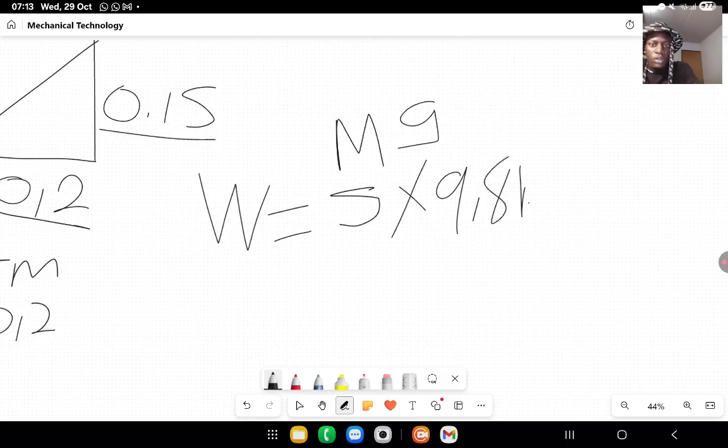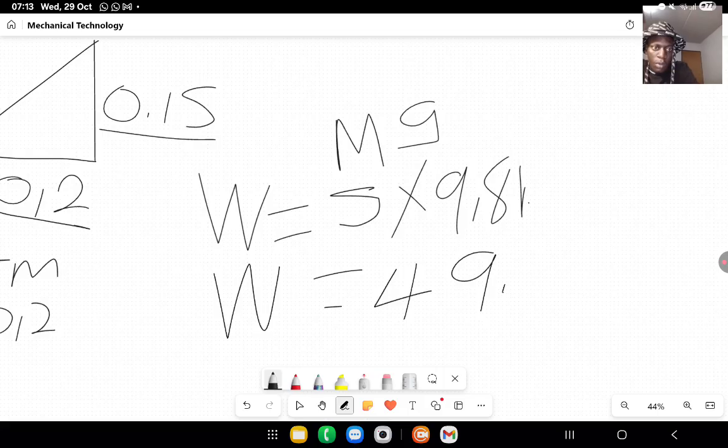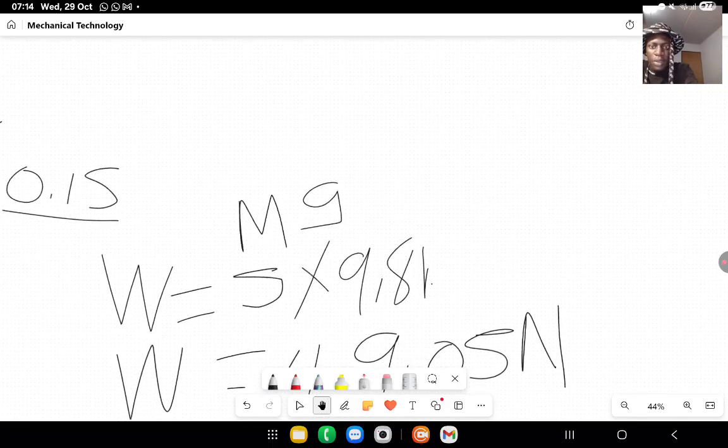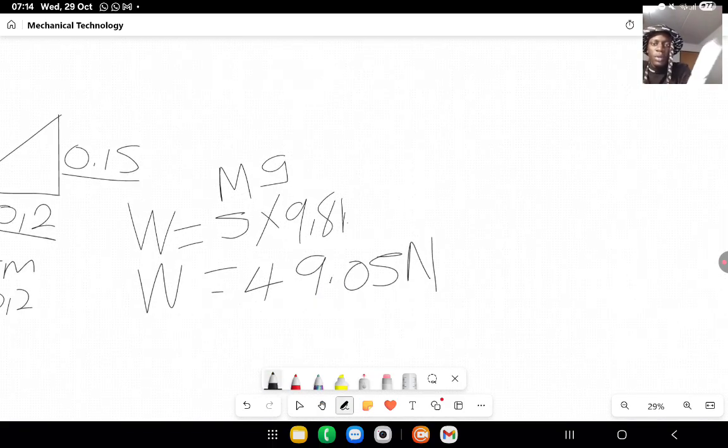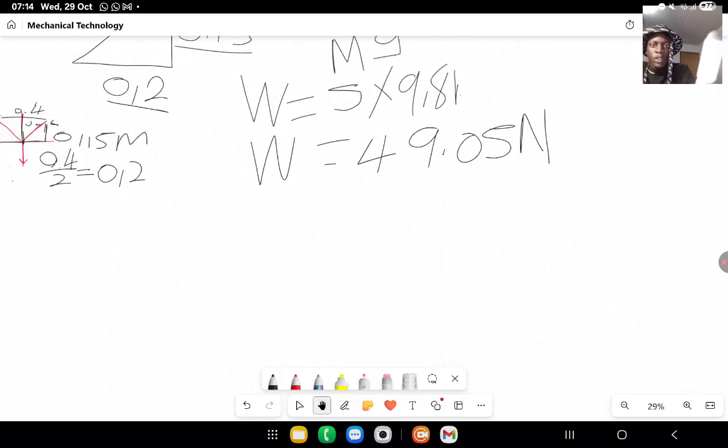Then on the calculator, W is equal to 5 multiplied by 9.81. Then we get the answer 49.05 Newton, because we are measuring forces.